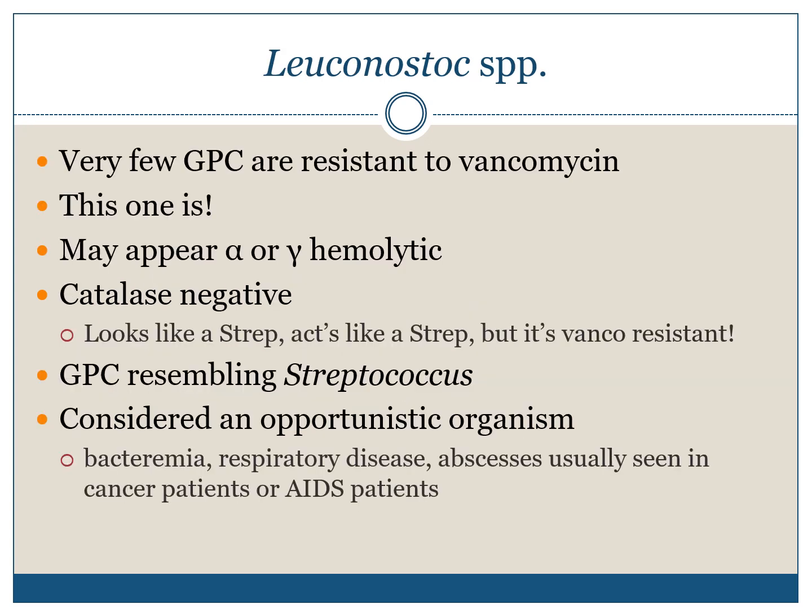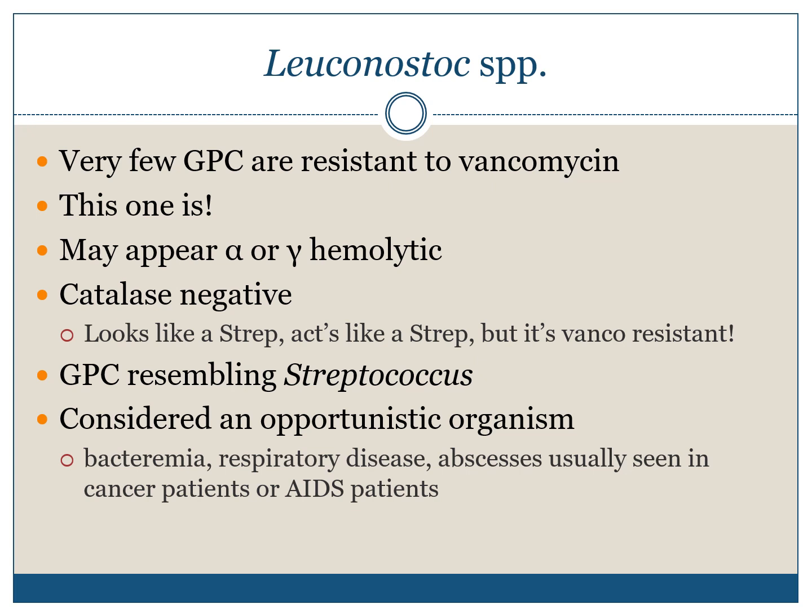Now, Leuconostoc is very interesting because it's an aerobic gram-positive cocci that is resistant to vancomycin, and there are very few gram-positive cocci that are, but Leuconostoc species is one that is resistant to vancomycin. They may appear somewhere between alpha and gamma hemolytic. It just sort of depends on the species.